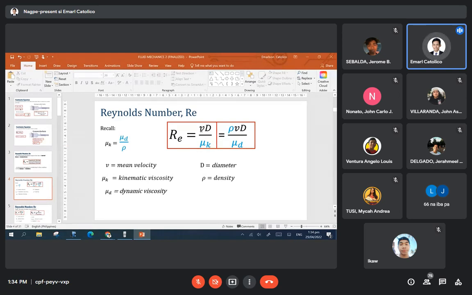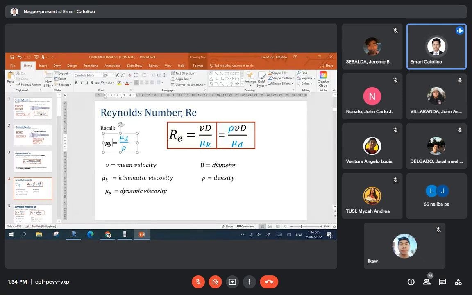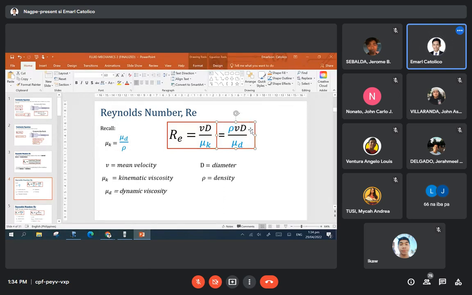Yung velocity na gagamitin mo dito is yung mean velocity. Okay? Then, since kinematic viscosity is dynamic viscosity divided by the density, pwede mo siyang i-rewrite as density times mean velocity times diameter over dynamic viscosity. So, ito yung formula natin for Reynolds number.